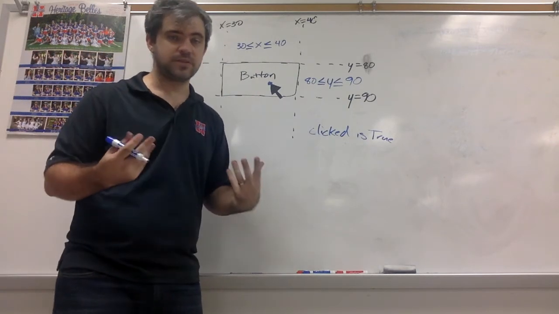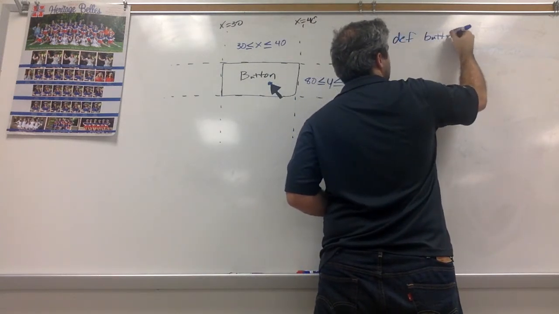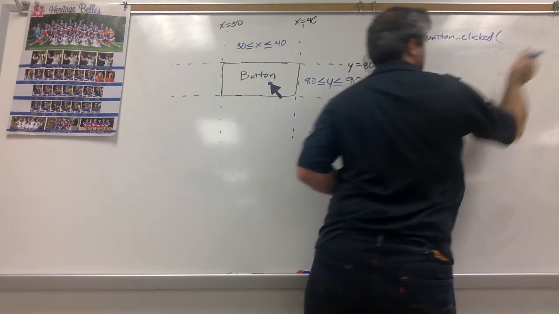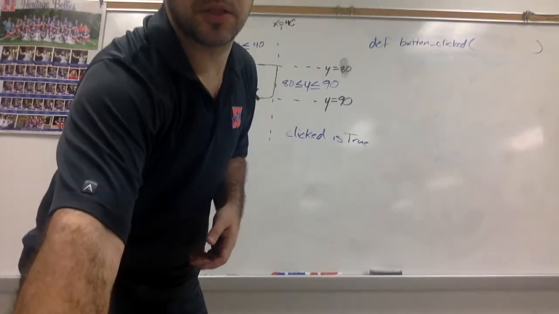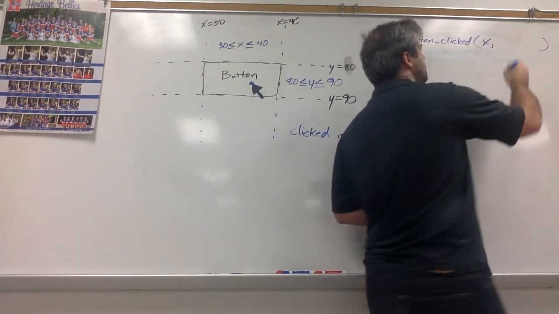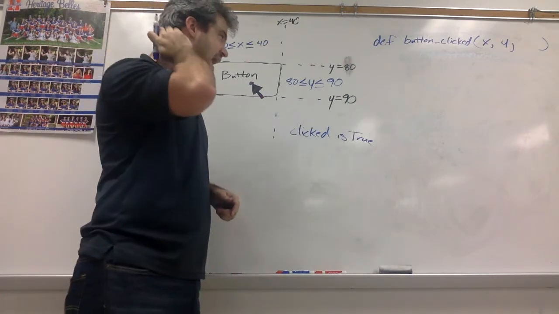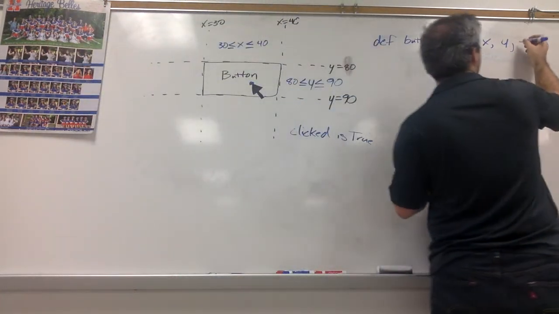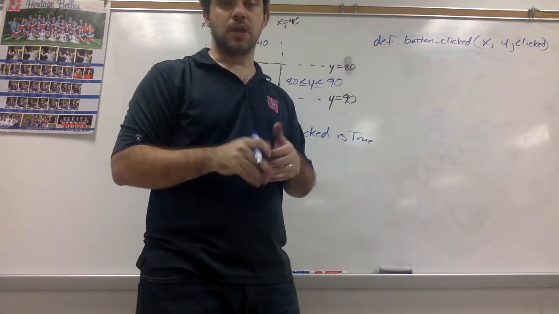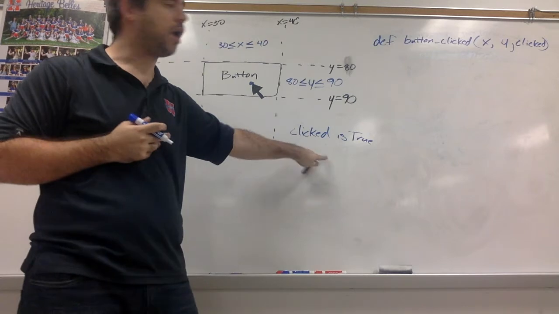So what we do is define a method. We say define button clicked. This is going to input three things. We need the x value of the cursor, the y value of the cursor, our little mouse or pointer, and we need to know whether they've clicked or not. We're going to return true if this, this, and this are true.